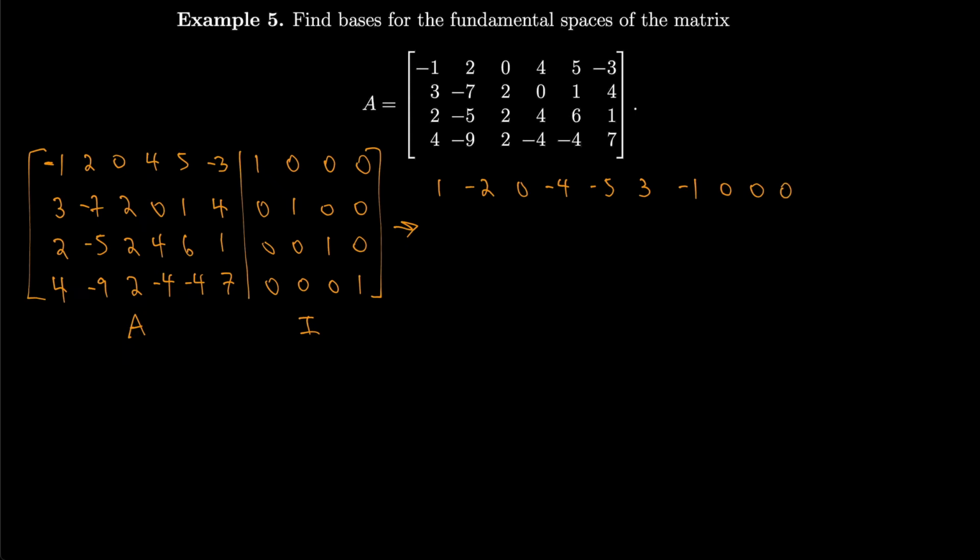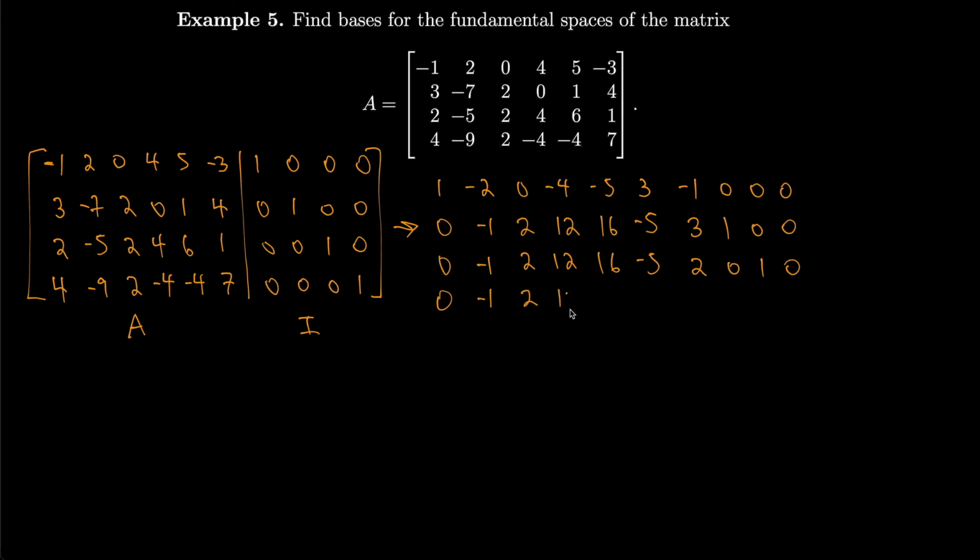We just multiplied by -1, and then the second row became 0, -1, 2, 12, 16, -5, but then we had to add 3 of the first one, so we get a 3 over there, 1, 0, 0, and for the third row, it became 0, -1, 2, 12, 16, -5, and then we added 2, so it was 2, 0, 1, 0 for our modification to the identity matrix. And last we have 0, -1, 2, 12, 16, -5, and we'll add 4 of the top row.